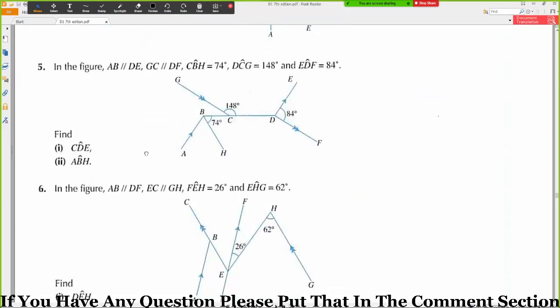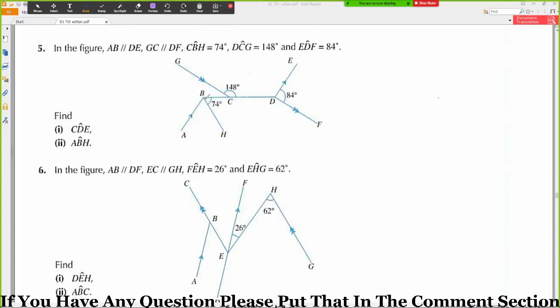अच्छा, क्वेश्चन नंबर 5 लेते हैं. ओके, यहाँ पे देख लो. So this line is the parallel line of this one. ओके, ये दोनों लाइंस पैरेलल हैं. Okay, so I will need to draw another parallel line over here.